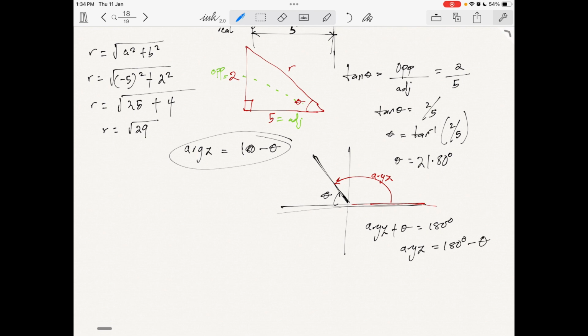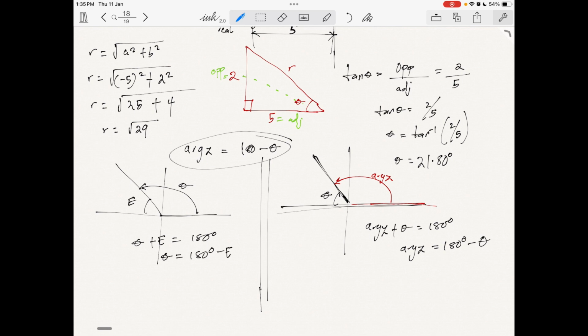Now, in some textbooks, they might explain it that this is E, and this is theta. Theta plus E is equal to 180 degrees, and theta will be equal to 180 degrees minus E. Right?